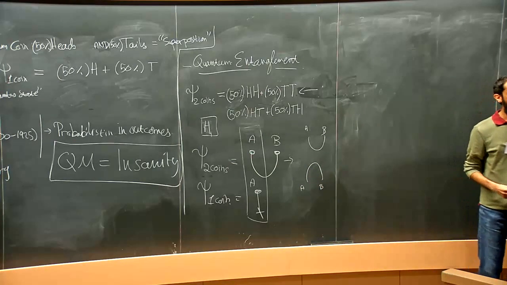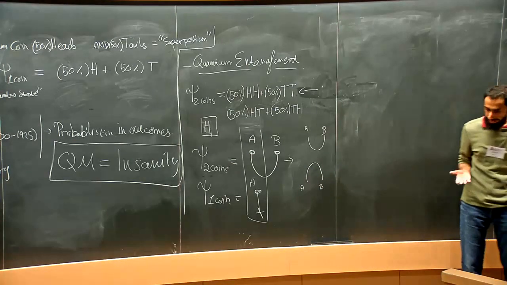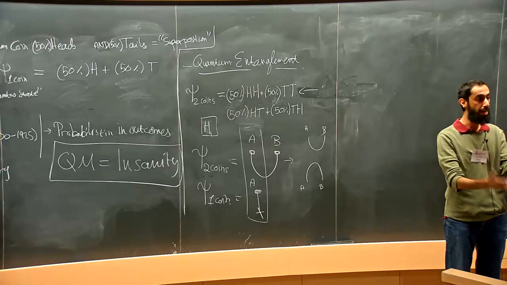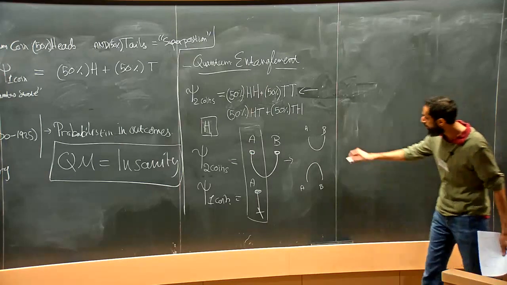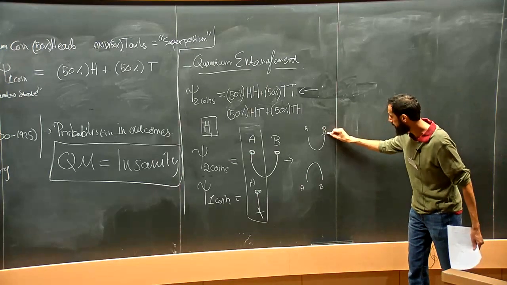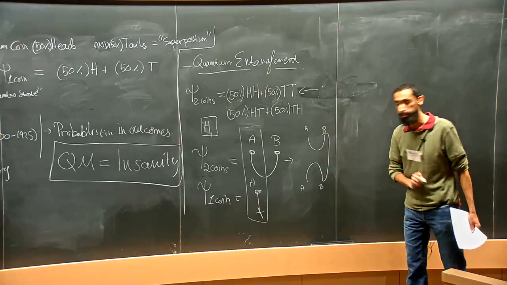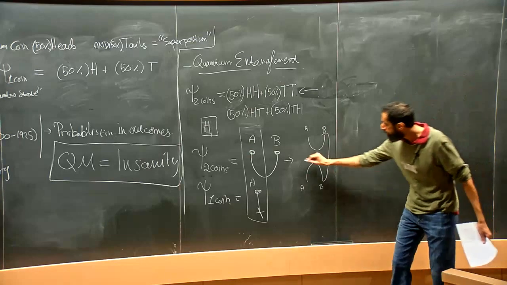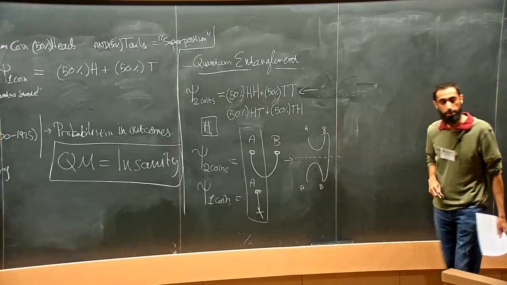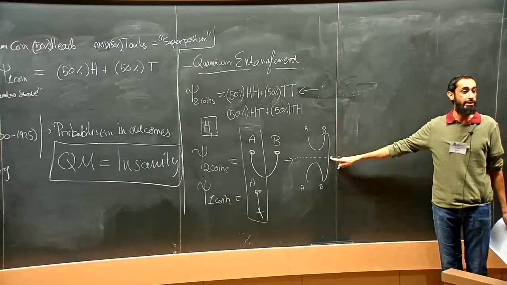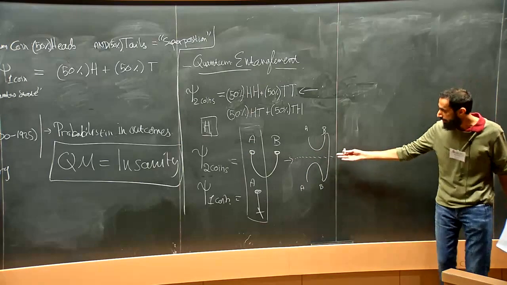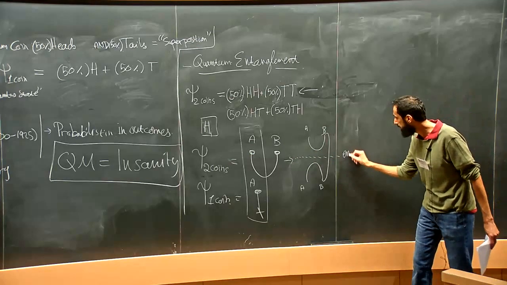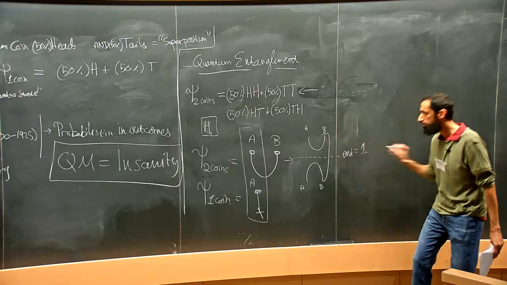And now we're trying to see if A is entangled with B. So we want to know what is the entanglement of A. What the procedure tells you to do is to connect the two B's by a line, and then draw a horizontal cross-section and count the number of lines that you cross. So in this case, you cross one line, so then you know that the entanglement is equal to 1.